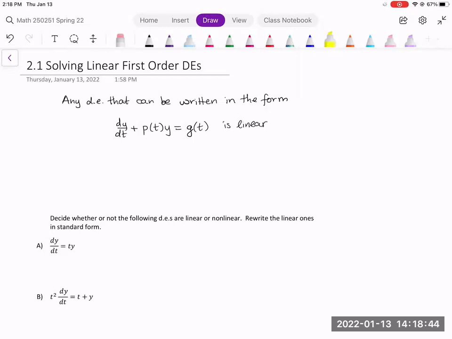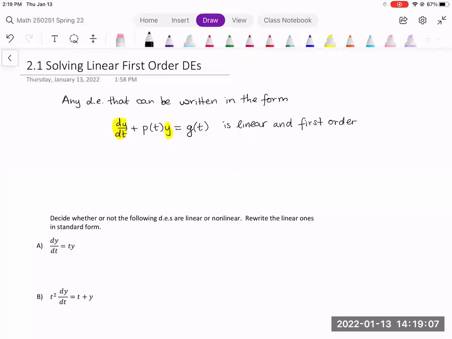Notice that the derivative of the function and the function itself just show up on their own. The only thing that we're possibly doing to them is multiplying them by a function of t. It's also first order. The only derivative we see here is the first derivative.